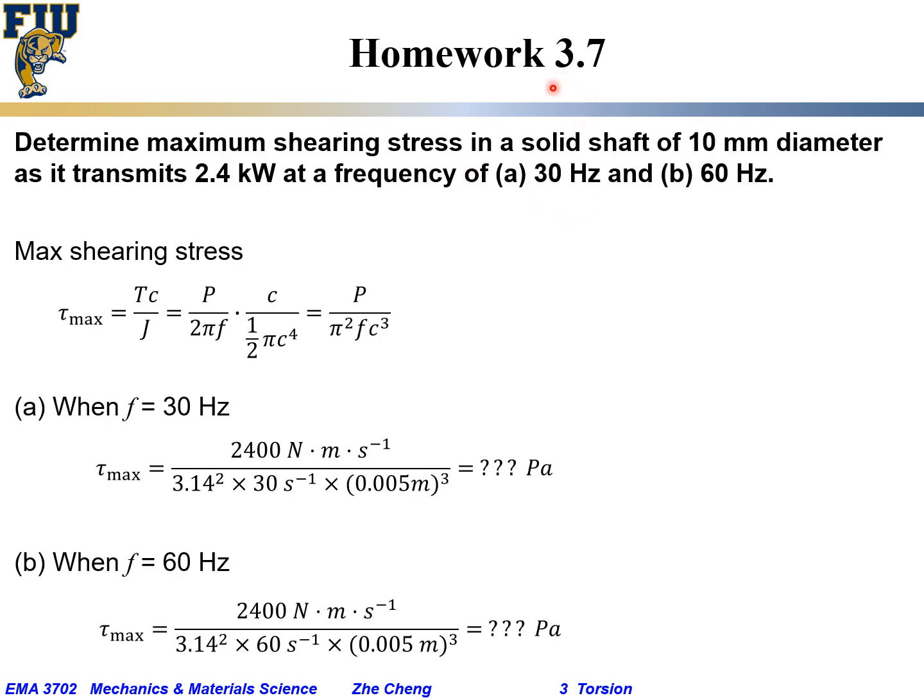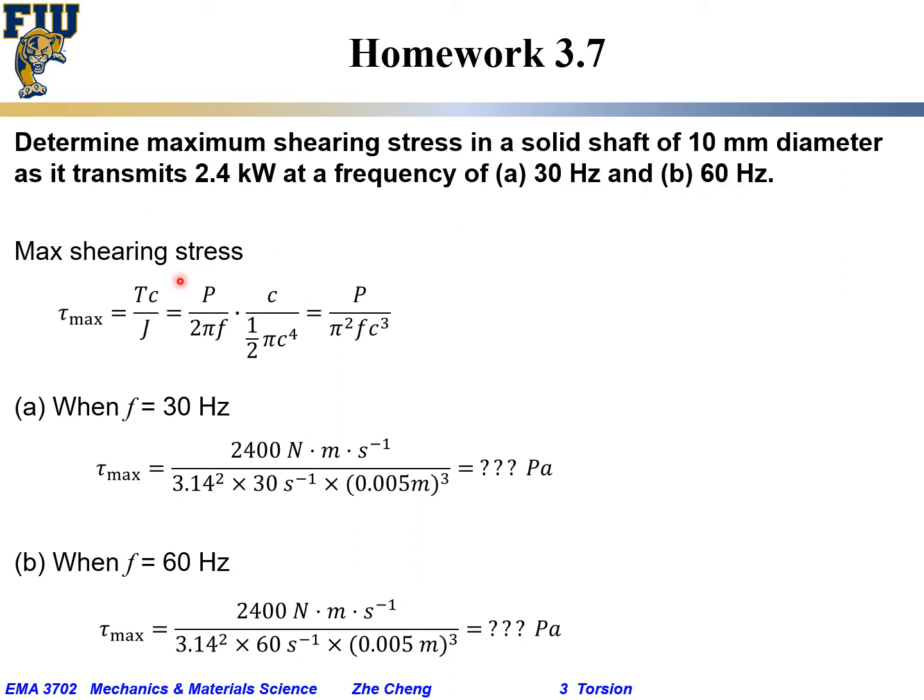Homework 3.7. Determine the maximum shearing stress in a solid shaft of 10 mm diameter that transmits 2.4 kilowatt, or 2,400 watt, at a frequency of 30 Hz and 60 Hz.